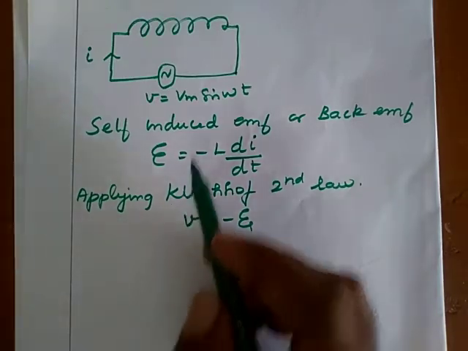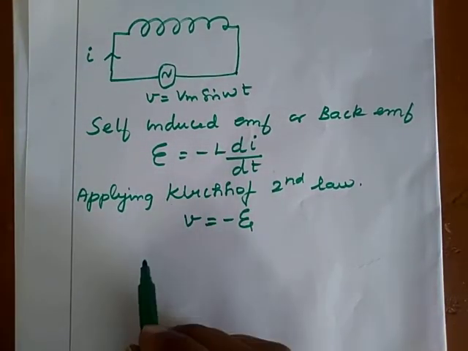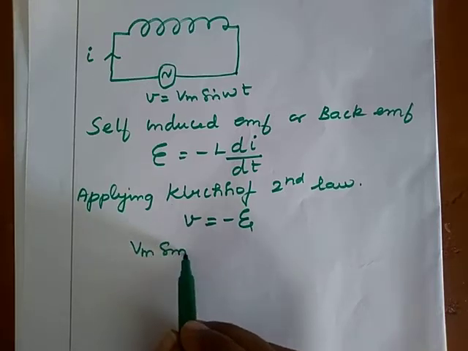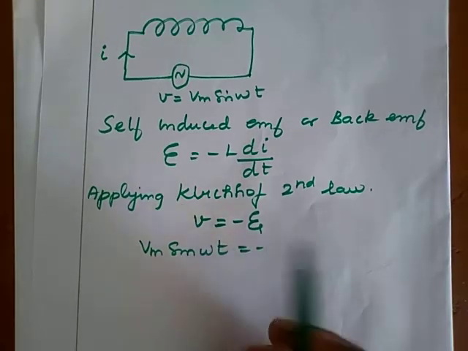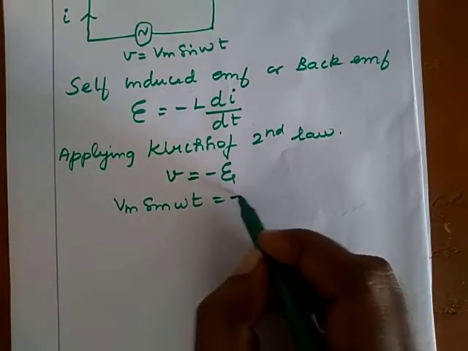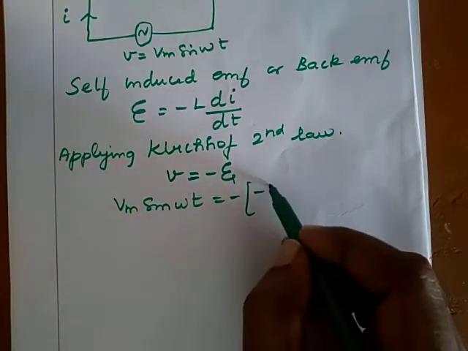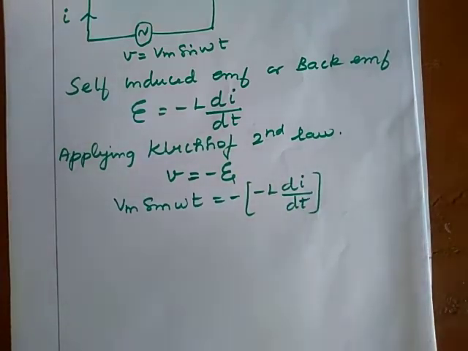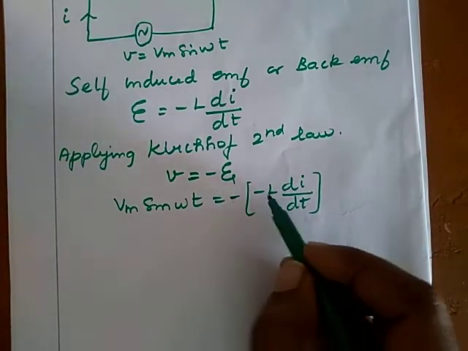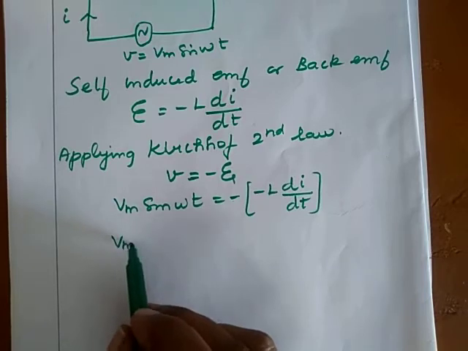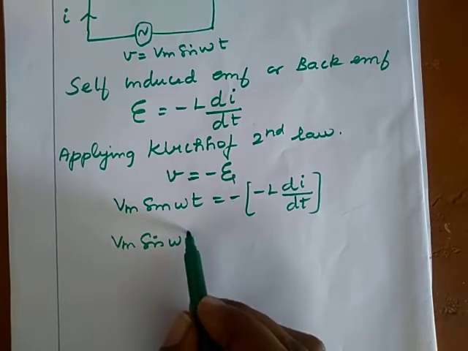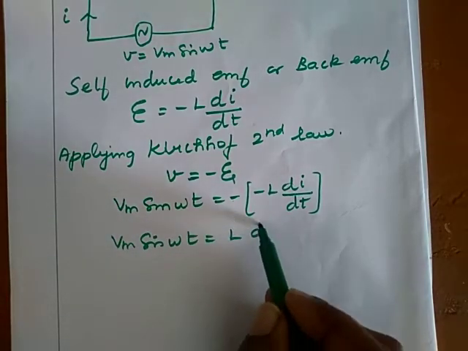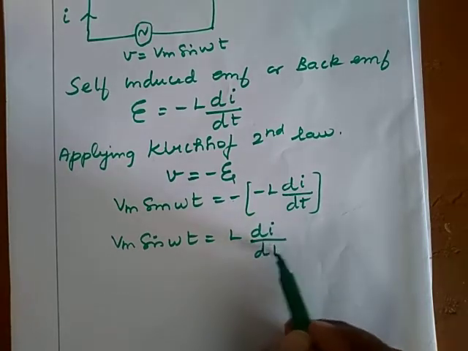Substituting these two in this equation, we get Vm sin omega t = -psi, and psi is -L di/dt. Then minus and minus cancel, and we get Vm sin omega t = L di/dt.